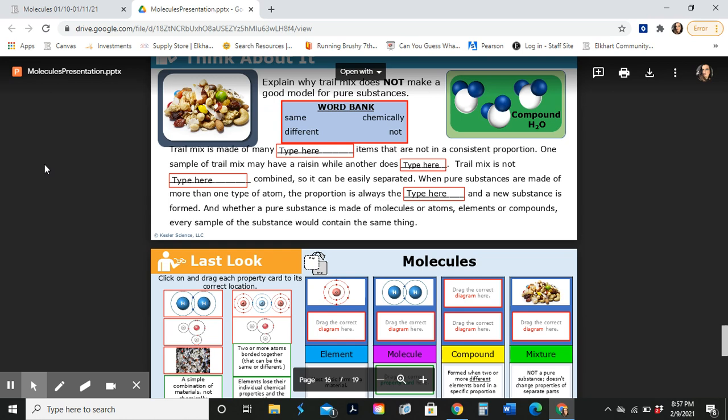Trail mix is not chemically combined, so it is easily separated. When pure substances are made of more than one type of atom, the proportion is always the same, and a new substance is formed. And whether a pure substance is made of molecules or atoms, elements or compounds, every sample of the substance would contain the same thing.